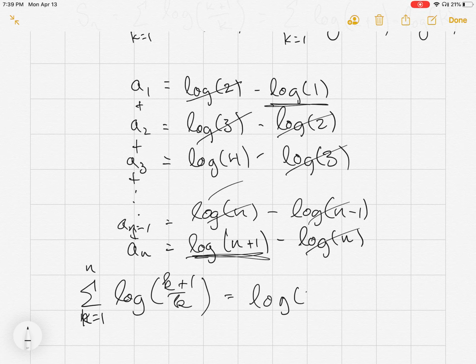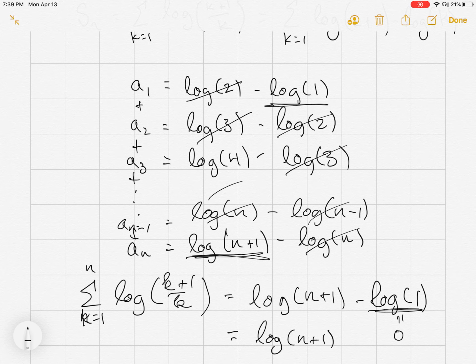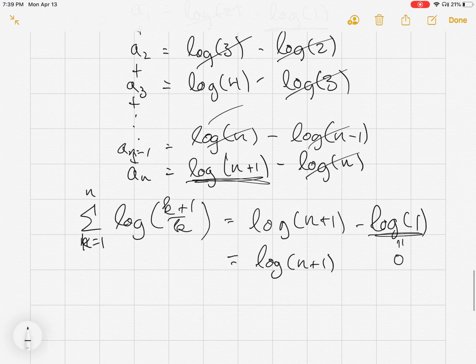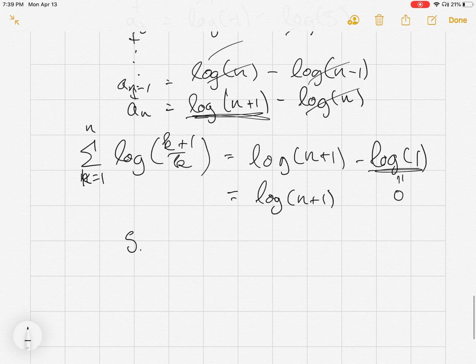So this is log of n plus 1 minus our logarithm of 1. But as we know, log of 1 is always going to be 0, right, for any base of our logarithm. So we end up with just the logarithm of n plus 1. So that is an explicit formula for our partial sum, right? Our partial sum is just the logarithm of n plus 1.